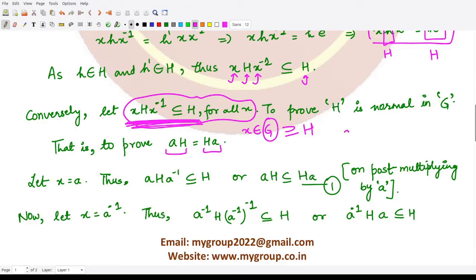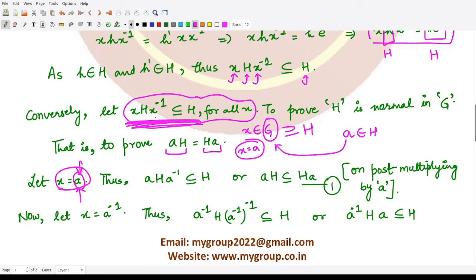Now, if we take some element a in H, this element a would also be present in G, so we can let x equal a, there is no issue. Here a is also some arbitrary member, and once we change this member, we have all the members of the group. You can substitute any member of the group in place of a, so a acts as a dummy member.